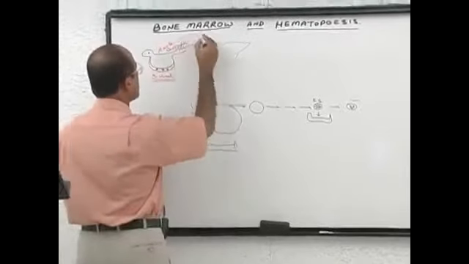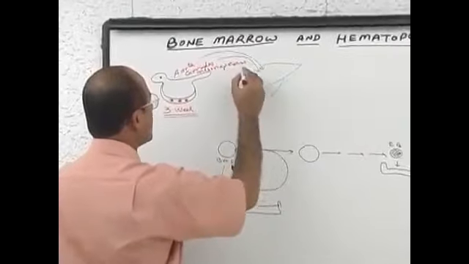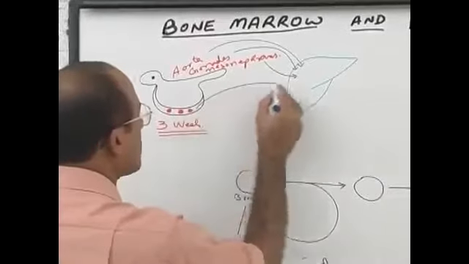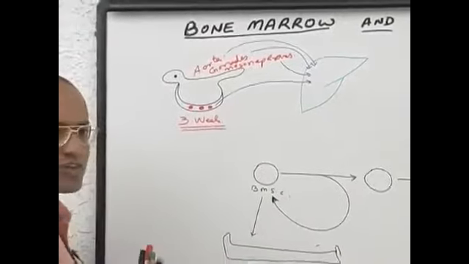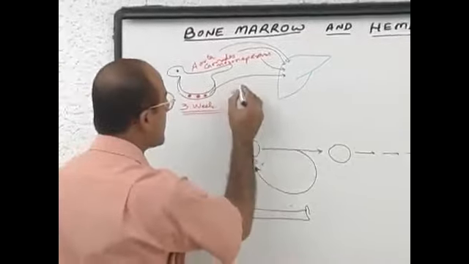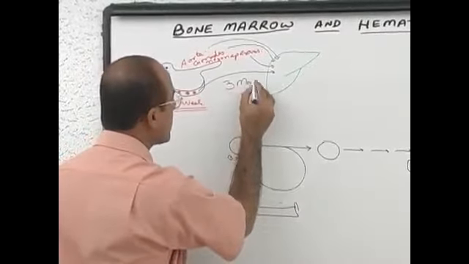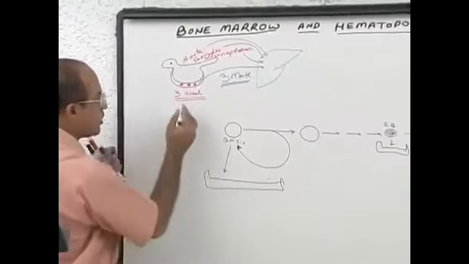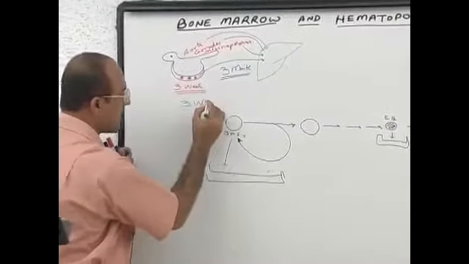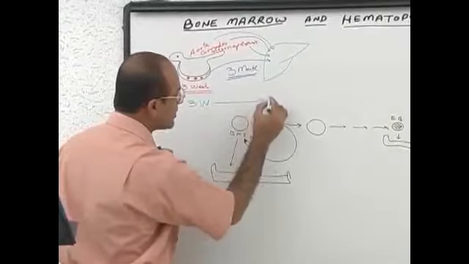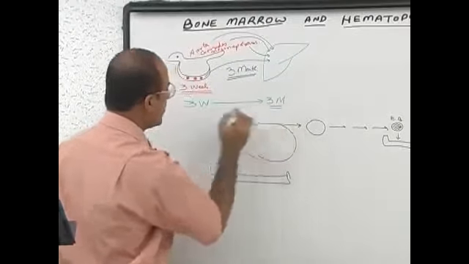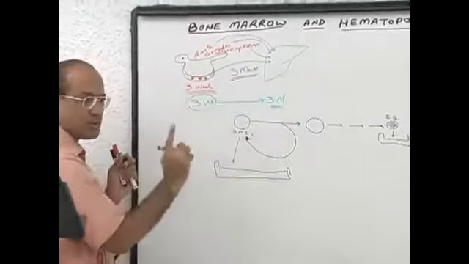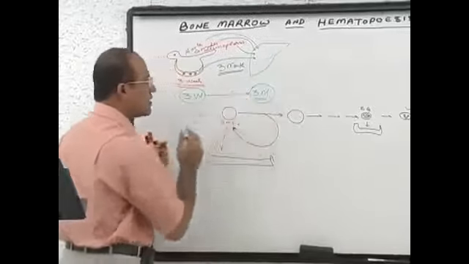These stem cells from the aorta, gonads, mesonephros, and of course the yolk sac, reach the liver around the 3rd month. It's easy to remember: yolk sac 3 weeks, liver 3 months, right?